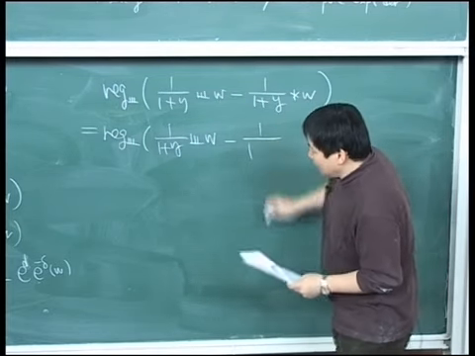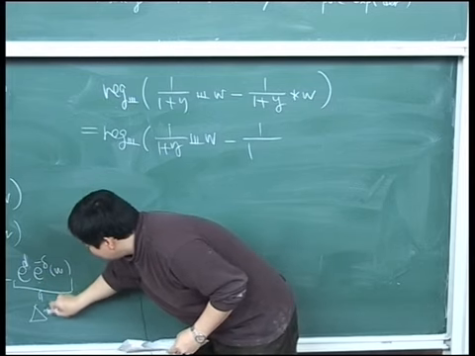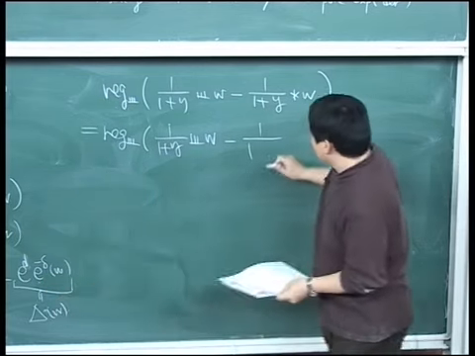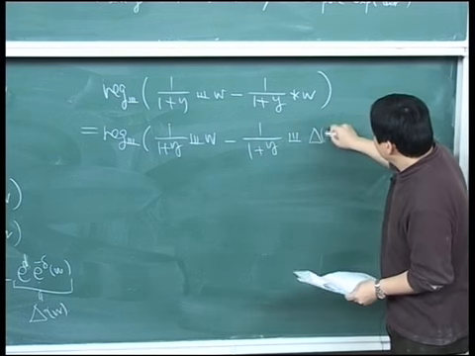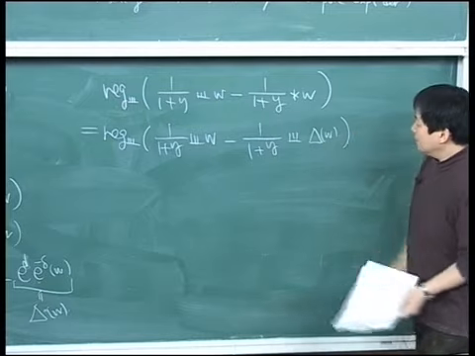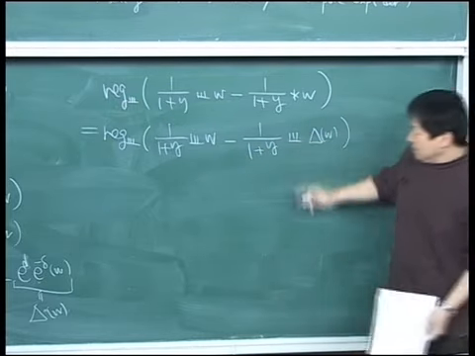This is the delta. So now we have only the shuffle product inside.